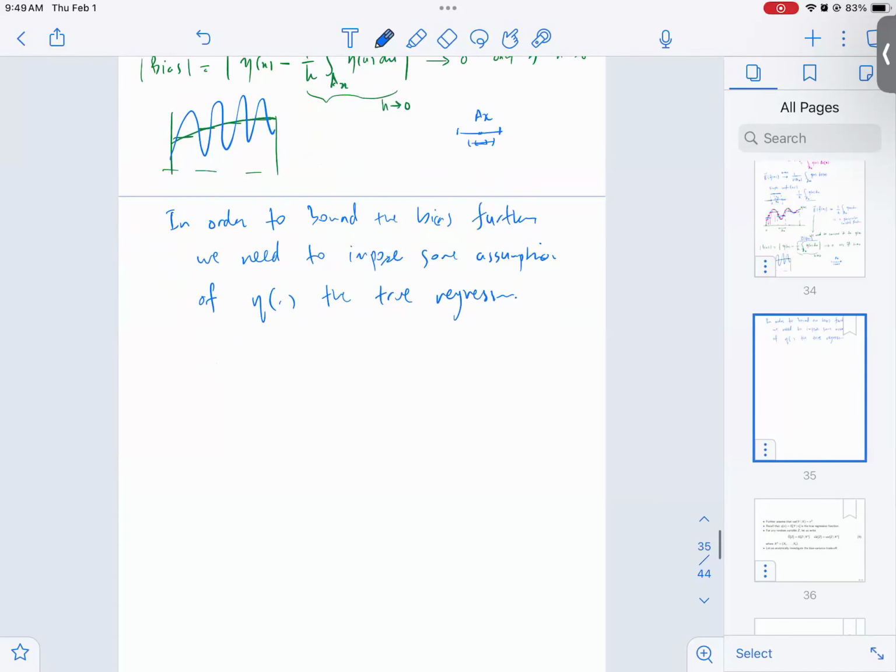What I'm going to assume, let us assume, is that eta is L-Lipschitz.